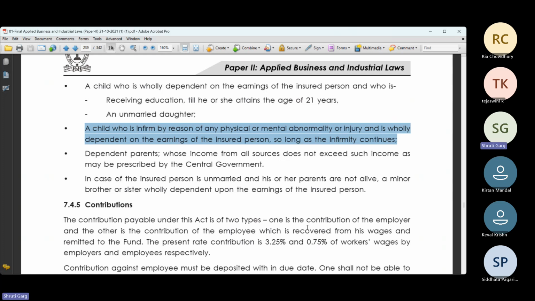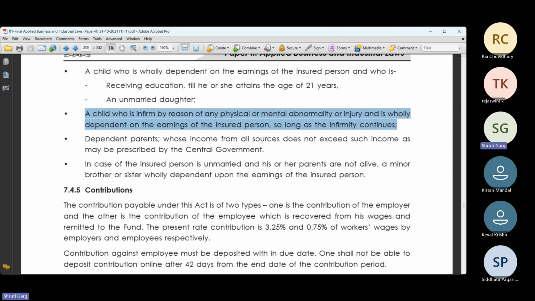Dependent parents whose income from all sources doesn't exceed such income as may be prescribed by the central government will also be covered. In case the insured person is unmarried and his or her parents are not alive, then who can be covered?